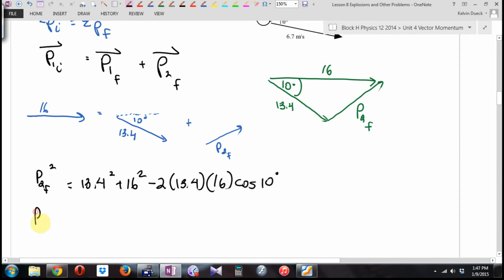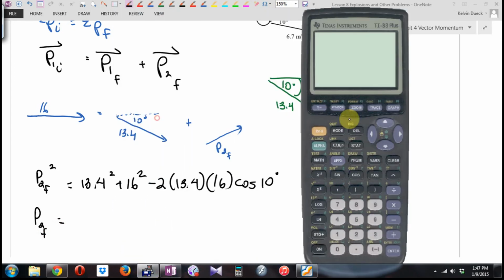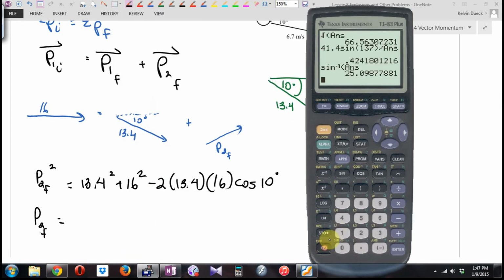And I end up with momentum 2 final equaling the square root of... 3.6434.